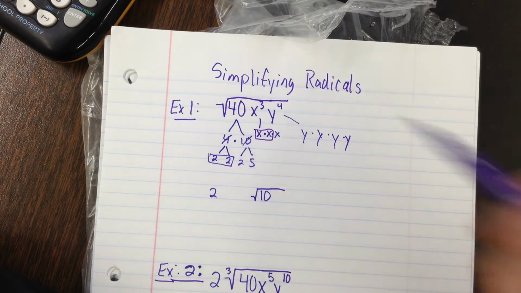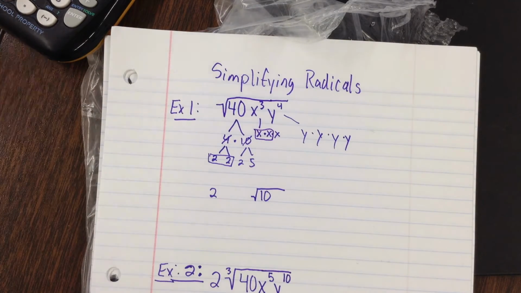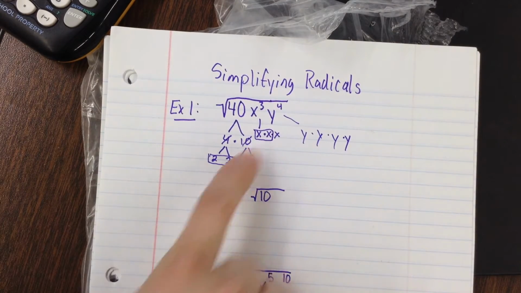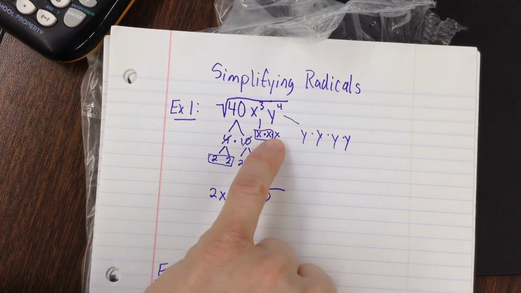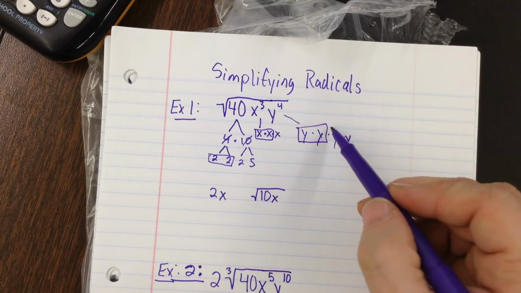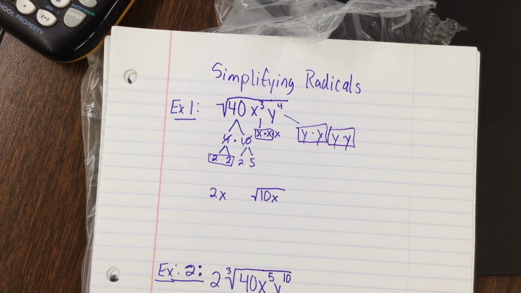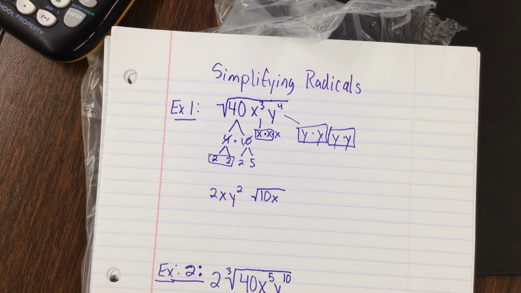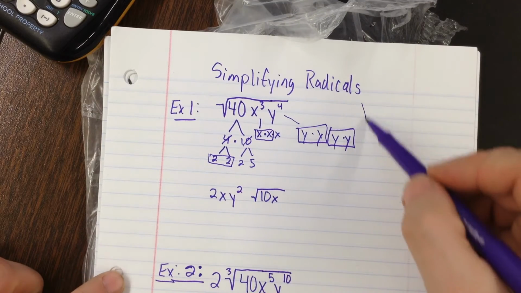There's a group of 2, so that's going to be x squared, and when we square root the x squared, we will get x. So that's one pair of x's, and then there's 1 x left over, so we write it inside. Same thing with the y's. There are 2 pairs of y's, so we will take out y, but we'll do it twice, so it'll be y squared. Simplified. Okay, that's one way to do that problem.